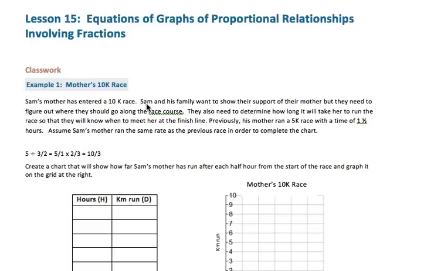Then, again, to divide fractions, we need to use the reciprocal of the second fraction and turn it to multiplication. That will give us 10/3. We can leave it as 10/3 or convert it back. I'm going to leave it as 10/3 for right now, meaning that our rate then is 10 thirds kilometers per hour.